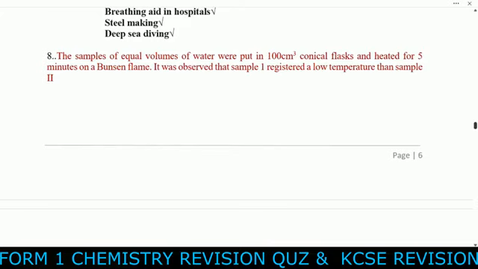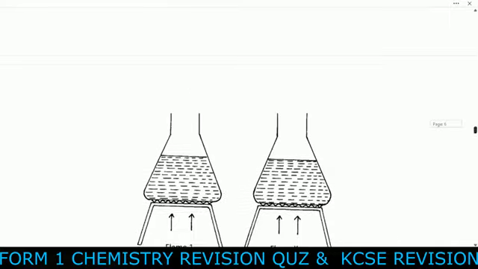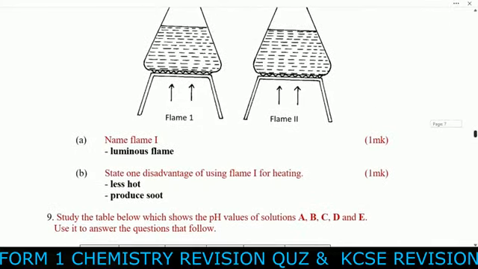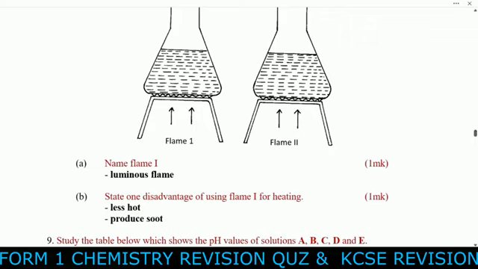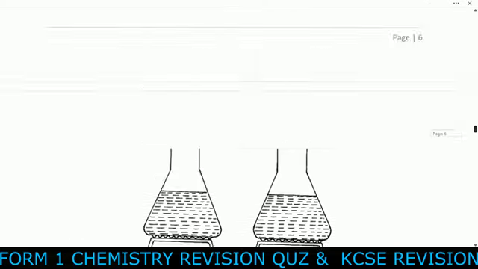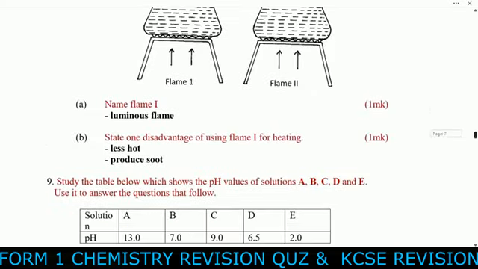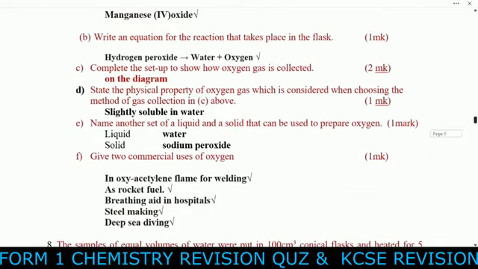It was observed that sample 1 registered a lower temperature than sample 2. Now you can see sample 1 and sample 2, flame 1, flame 2. You can see them here. Name flame 1. Flame 1 is a luminous flame.